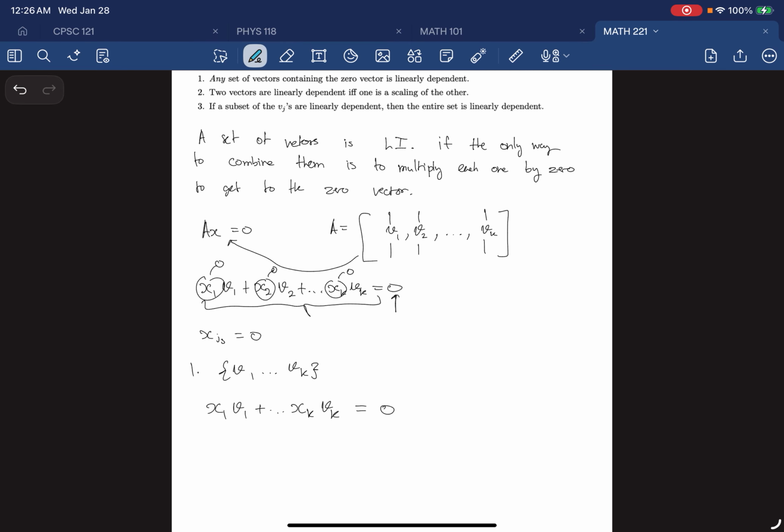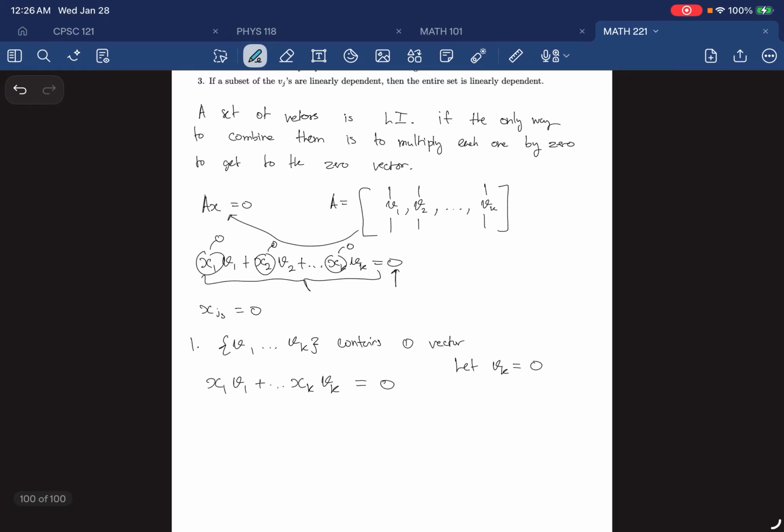But this set contains the zero vector, so we let vk, because why not, be equal to the zero vector.